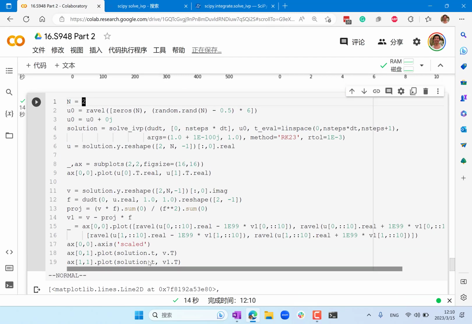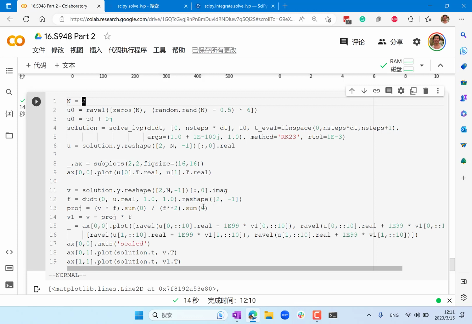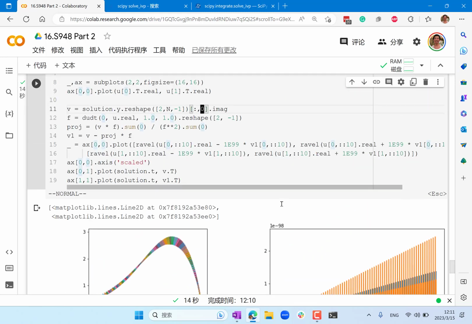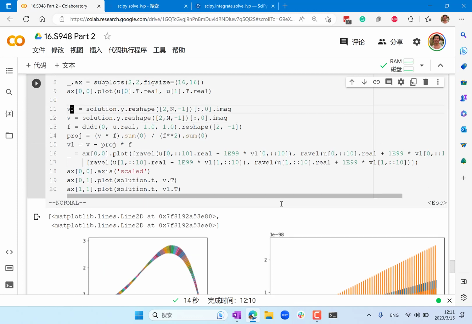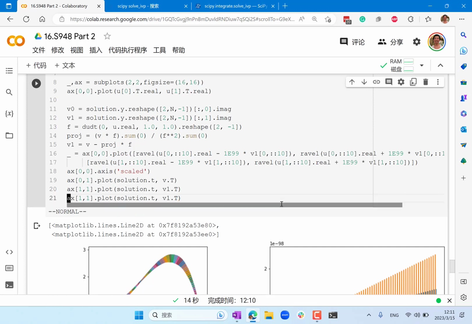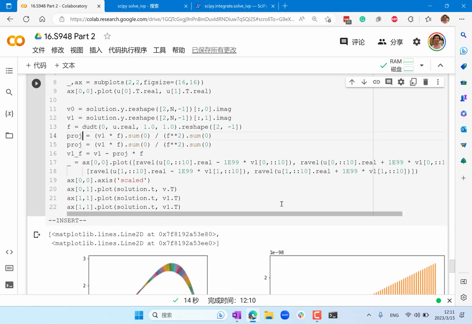Okay, we actually get the same thing if we take the first solution. And we would not get the same thing if we take the second solution for some reason. Let's see. V1F is equal to V1 projected out 1, so let's see what happens if we project.